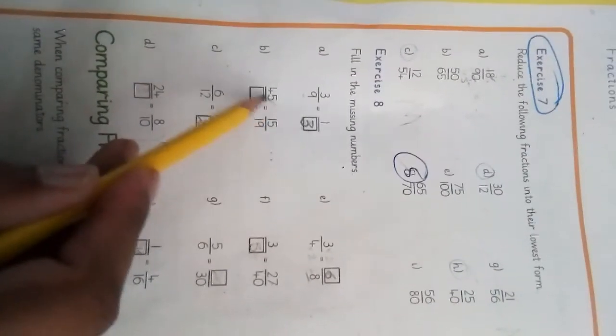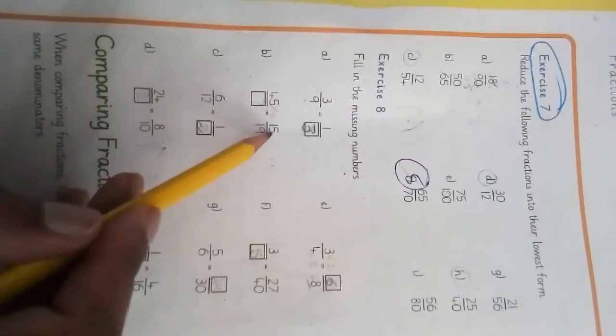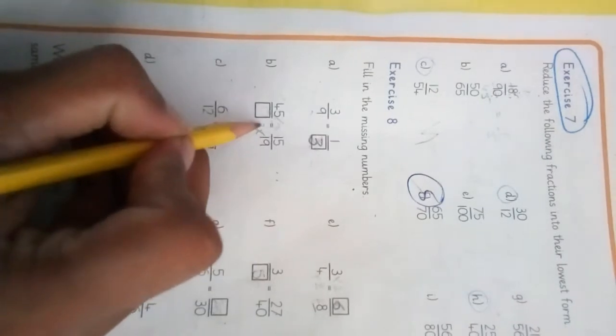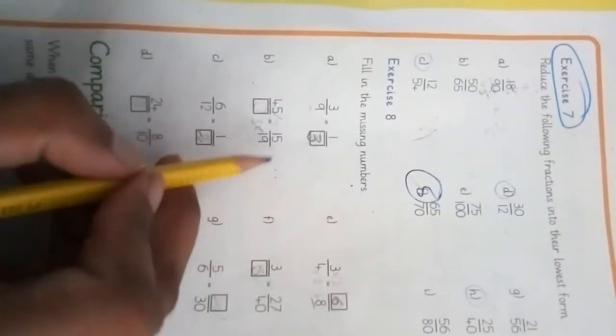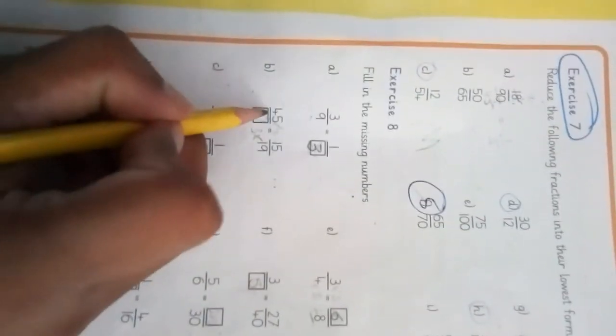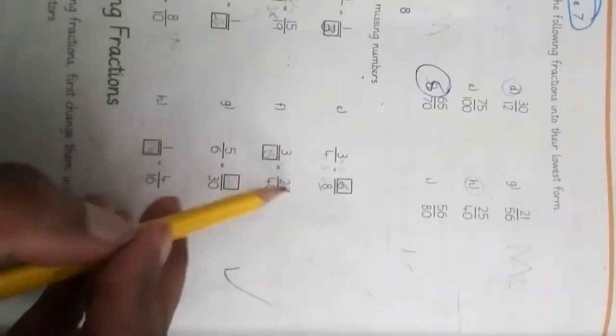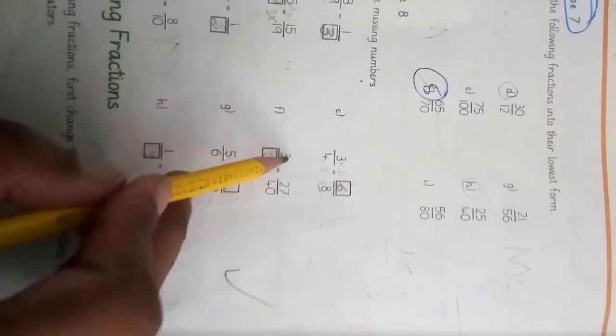The third task is this. As you see, 45, when divided by 3, becomes 15. So to get this number, we will multiply 19 by 3. 19 3s are 57. So 57 comes here.